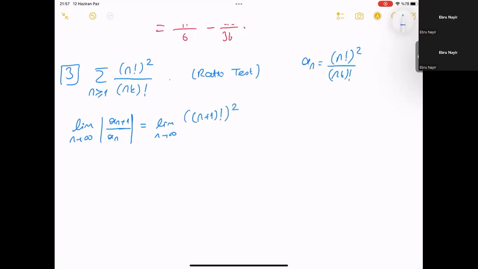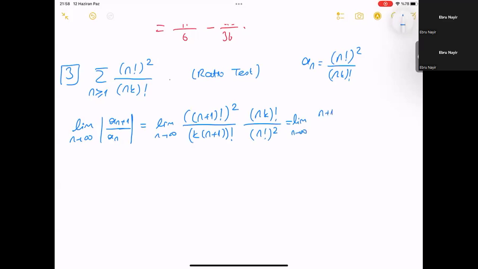squared over k times this, and maybe this one is more clear. So we have this over this one. Okay, now what do we have then? Limit of this.